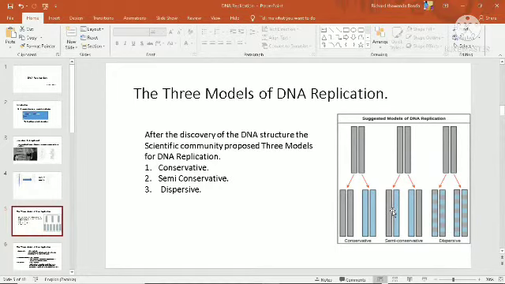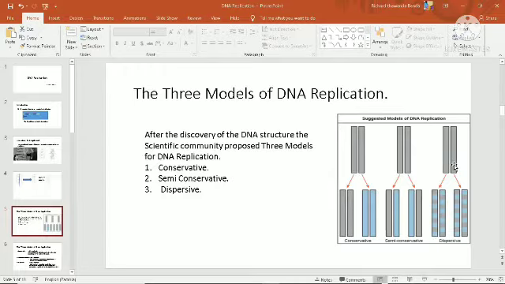In those two DNA molecules, you would have one strand from the original DNA molecule and a newly synthesized strand. And then on the other DNA molecule, you would have the same: one old strand and the newly synthesized strand. The third model that was suggested was known as the dispersive model.